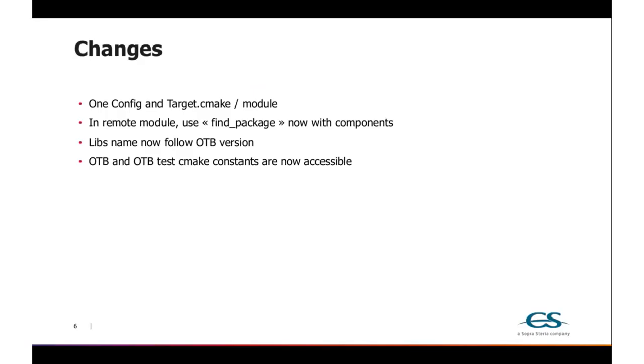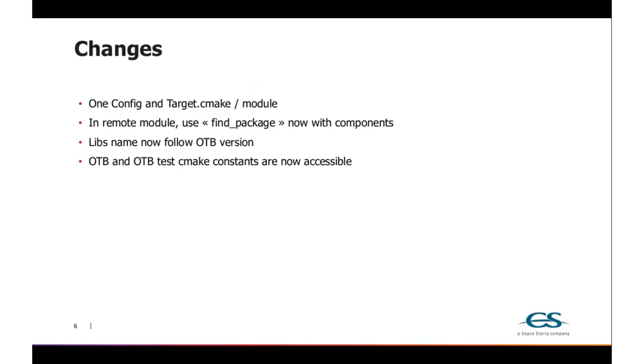Now you will have to specify the module that you want in the find_package CMake command. Lib names now follow the OTB version. Previously, they were named like libFeatureExtraction.1.0.so. Now it follows the OTB version.